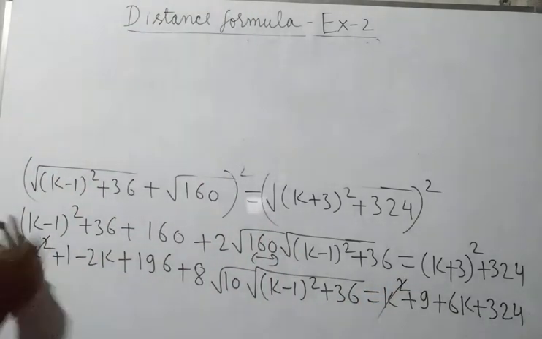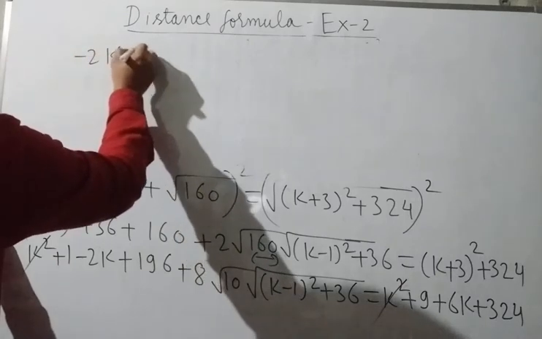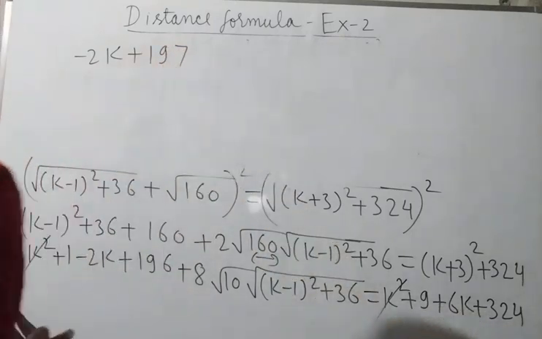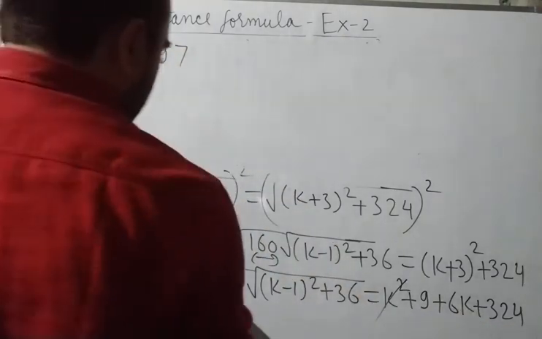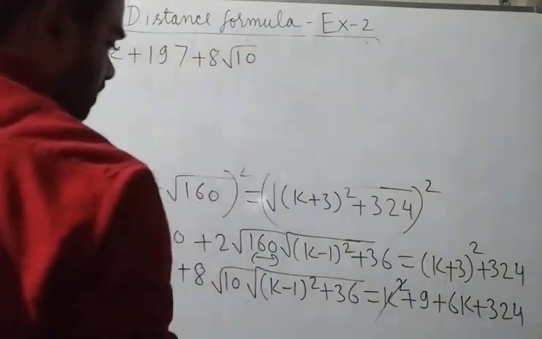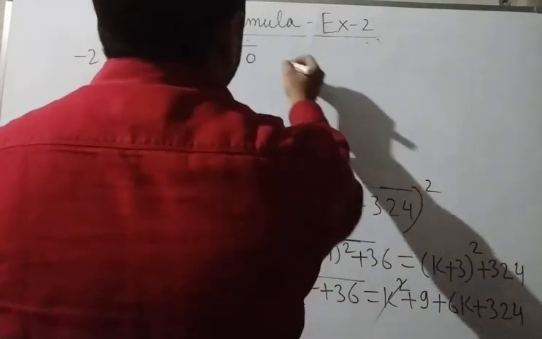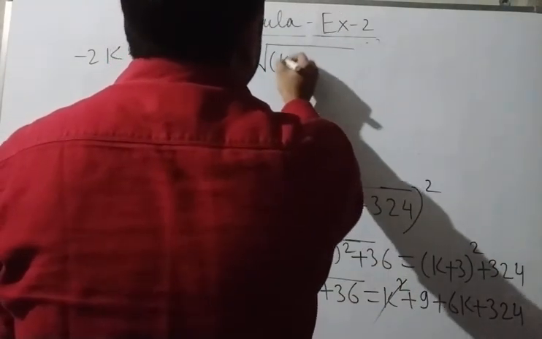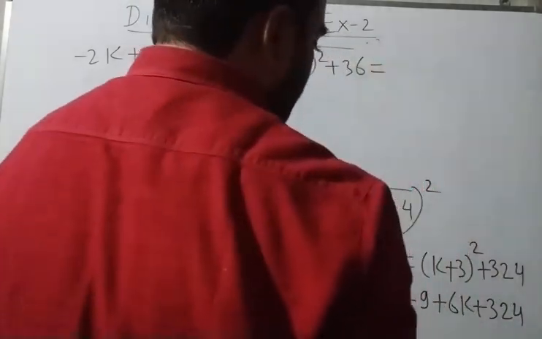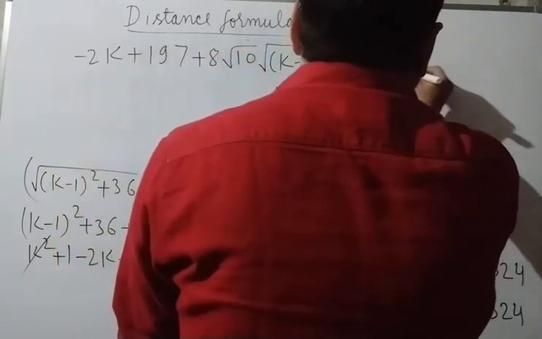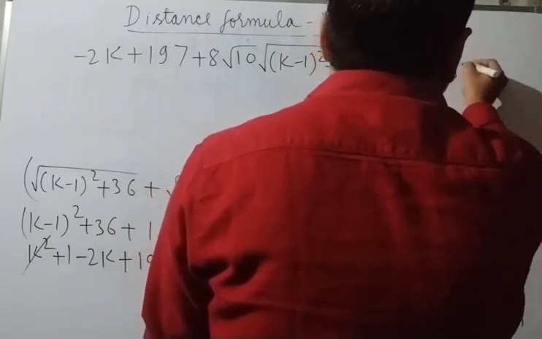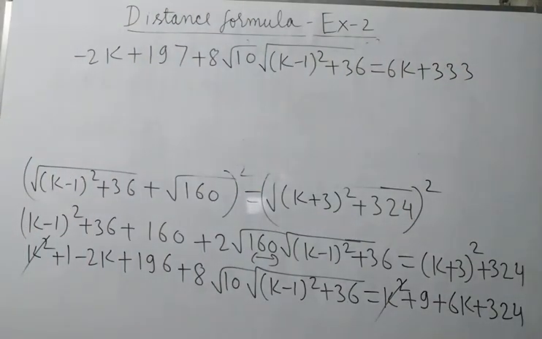See, minus 2k plus 197, correct? And here 8 times square root 10 and square root of (k minus 1) whole square plus 36 is equal to 6k plus 333, correct? This will come.